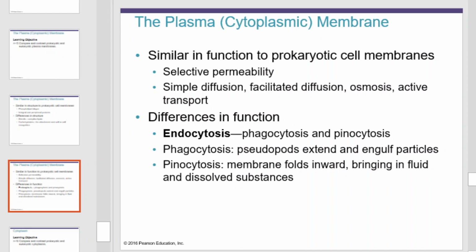Endocytosis is a general term to describe the behaviors of phagocytosis and pinocytosis. Phagocytosis is a process where pseudopods extend and engulf particles being drawn into the cell in a vesicle. Pinocytosis occurs when the membrane folds inward to bring in fluid and dissolved substances.